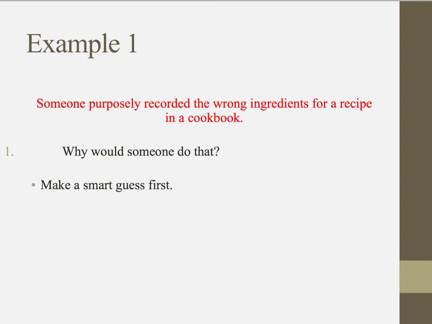So my guess would be maybe they are trying to mislead certain people. But what is the reason why they would want to mislead people? Maybe they'd want to keep the ingredients secret. Maybe it's a family recipe. Maybe they don't want outsiders to know what the recipe is. Maybe it's a trade secret. All right.